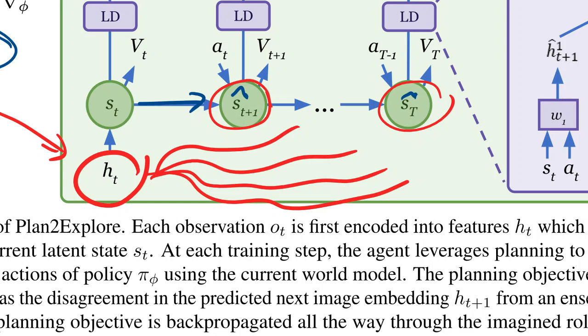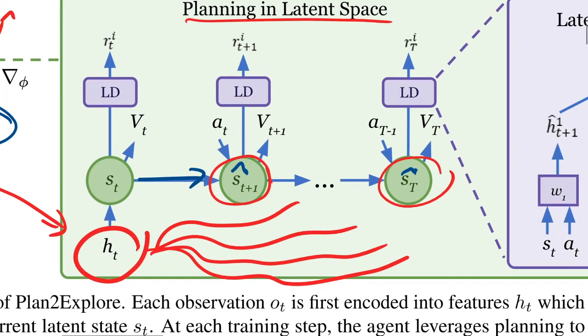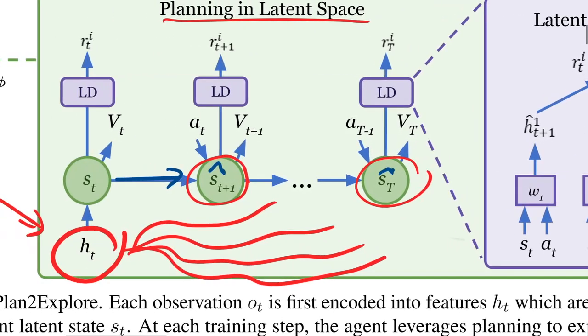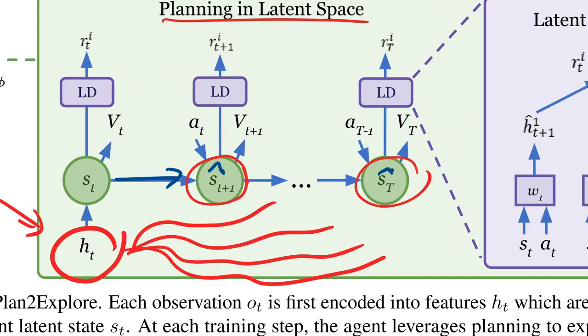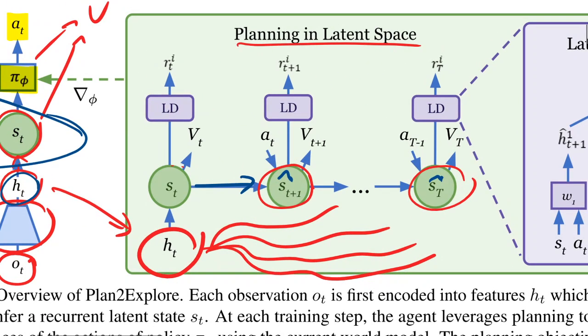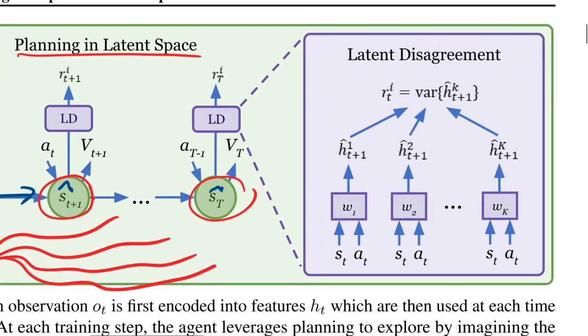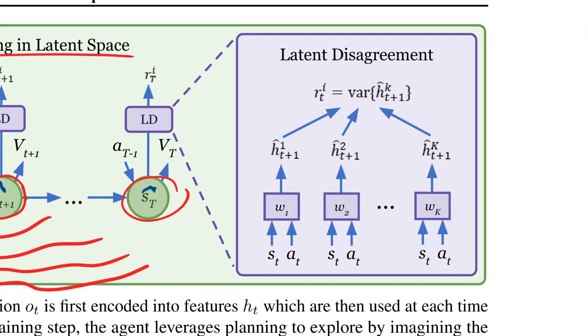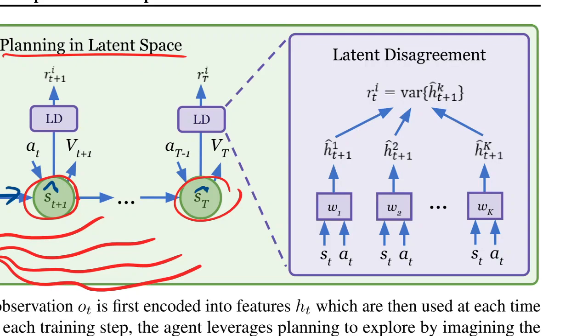Now, the fact that you have many trajectories leads to even a different thing. So what you can do, for each of these hidden states, they have a head here that predicts the so-called latent disagreement. What does this do? This consists of a whole bunch of models. These are ensemble models. They're the same for each time step.